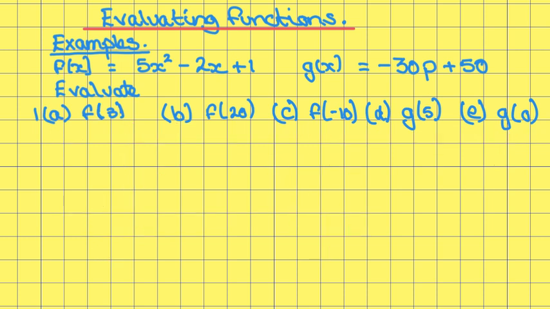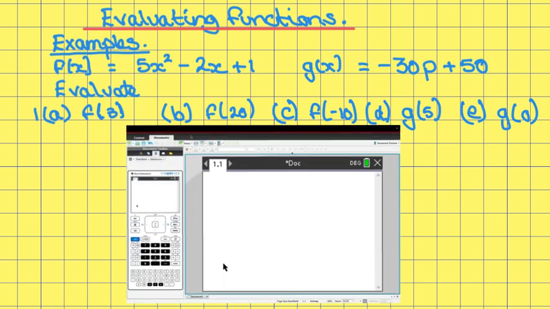Now we will evaluate the exact same questions, but this time we will use a GDC. Open your GDC. At a calculator page, the first thing we need to do is define our two functions. So the first one, f(x), make sure you're outside the bracket, control.